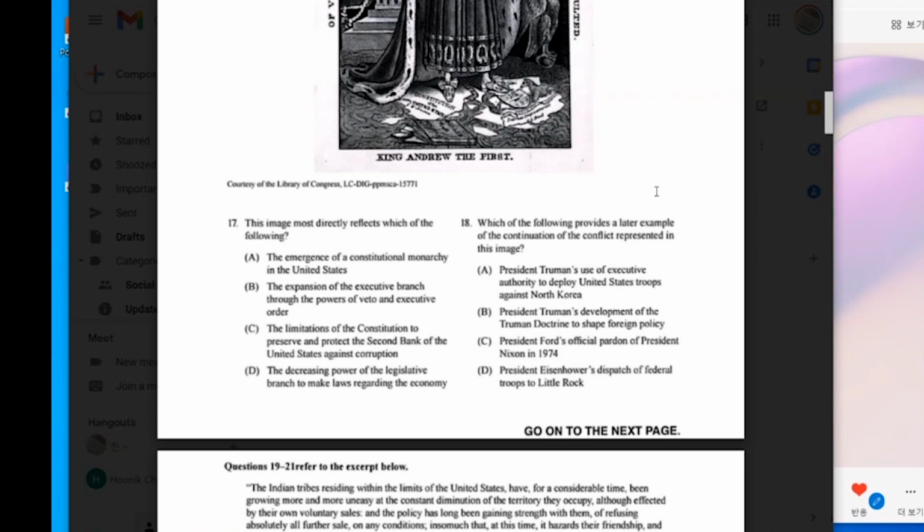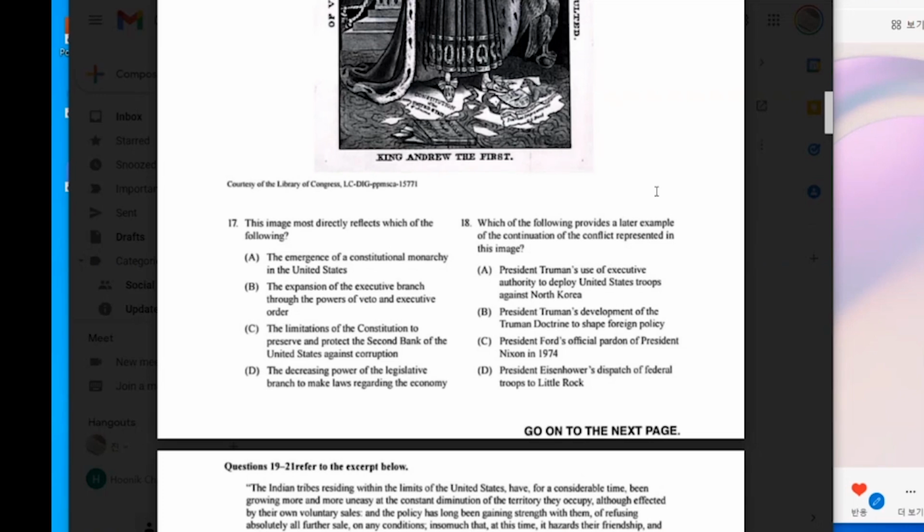Therefore, B is correct because it notes the growing power of the executive branch through vetoing power and executive order, that he used as a part of the Force Bill in response to the Nullification Crisis, right?